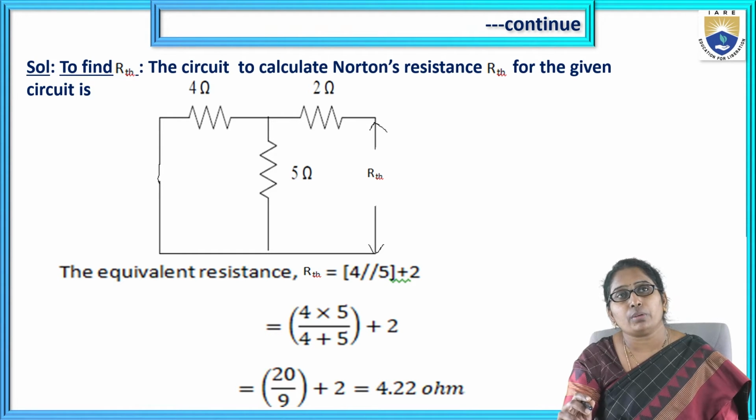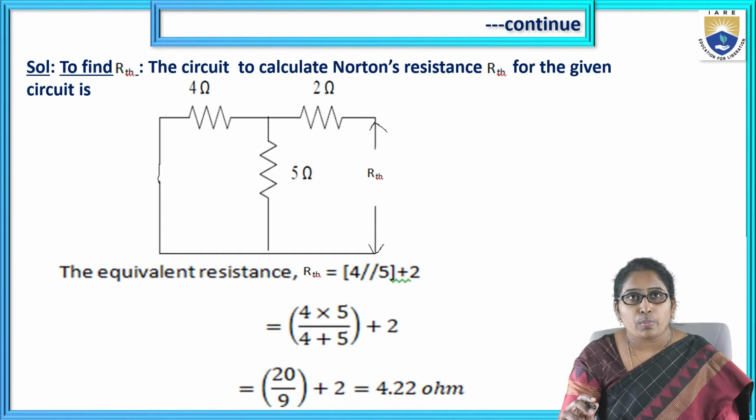In the given circuit, replace voltage source with short circuit and current source with open circuit. Then find RTH across the open circuited load resistance terminal.